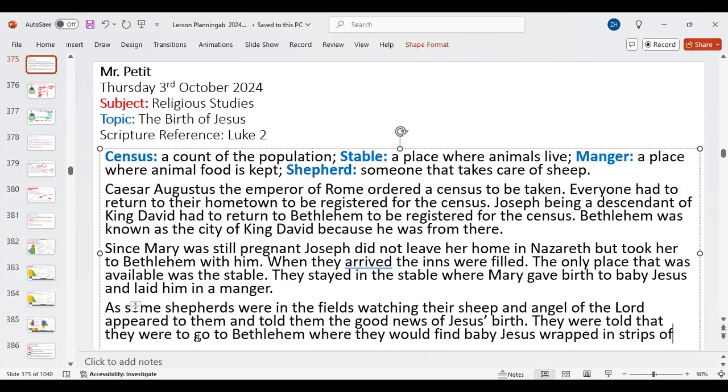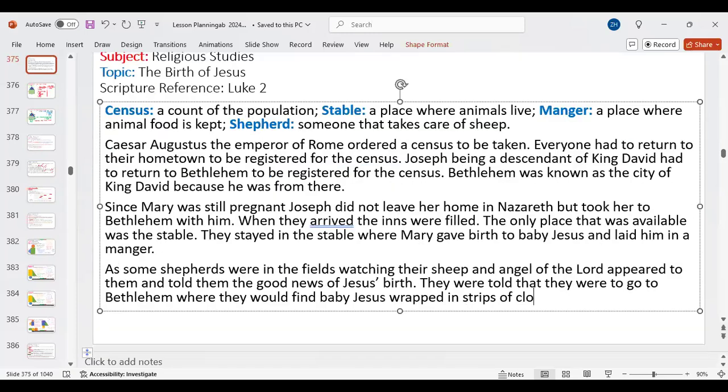That's the identification sign. And wrapped in strips of cloth, lying in a manger.